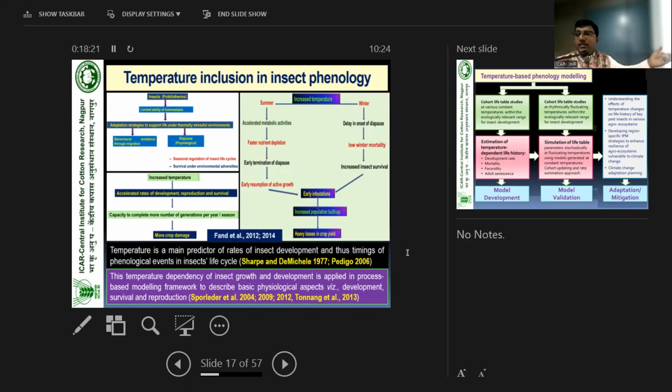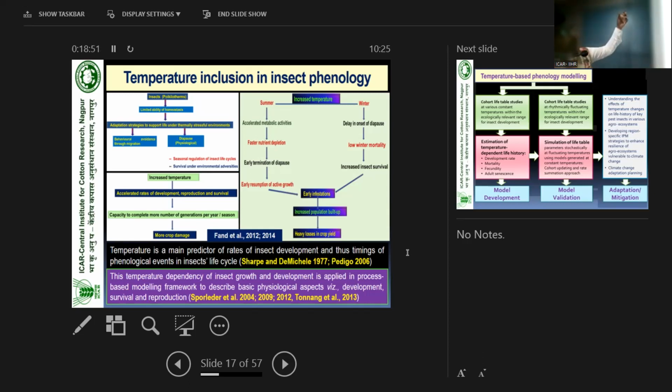Their body temperature follows directly the environmental range, and that's why homeostasis is not there like in other warm-blooded or higher animals. That's why about 70% of population is governed by temperature among all other abiotic factors. Temperature is the key or dominant environmental factor governing pest population dynamics, right from development rate, mortality, survival, reproduction, migration, everything.